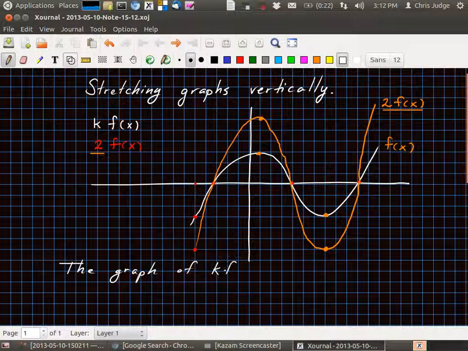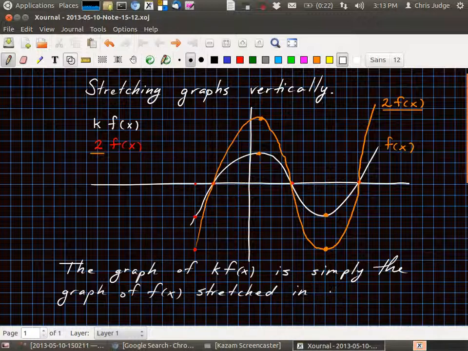This is the general principle: the graph of k times f of x is simply the graph of f of x stretched in the vertical direction by a factor of k.